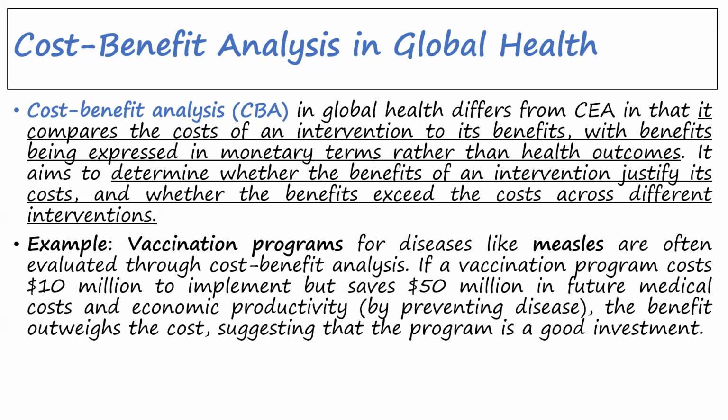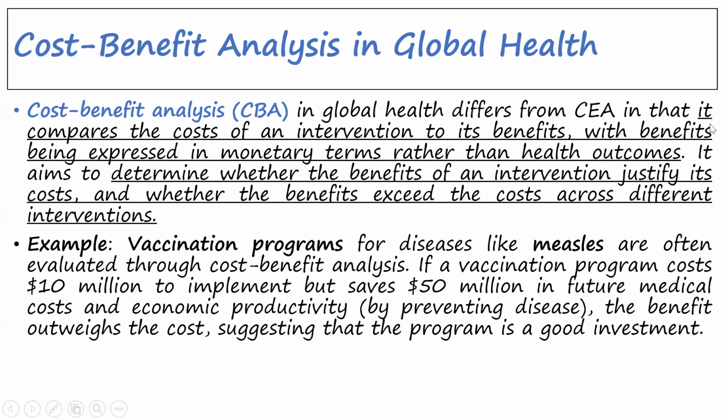For example, if the WHO builds a hospital in Boroma, it will compare the cost of the hospital plus the benefits. If the benefit is more than the cost, then that is a good project. But if the cost is high and the benefit is low, it means that's not a good intervention.